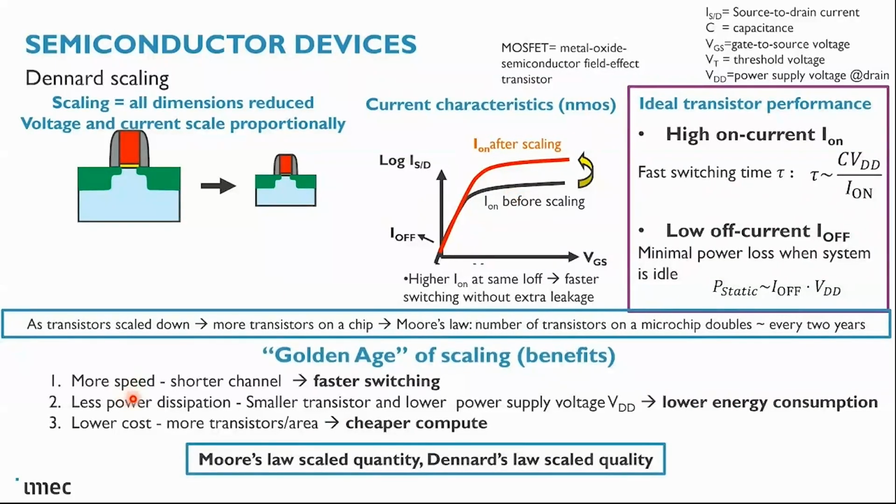More speed, because shorter channels give faster switching; less power dissipation, because smaller transistors and lower power supply give us lower energy consumption; and lower cost, because more transistors per area gives cheaper compute. So where Moore's law scaled quantity, Dennard's law scaled the quality.